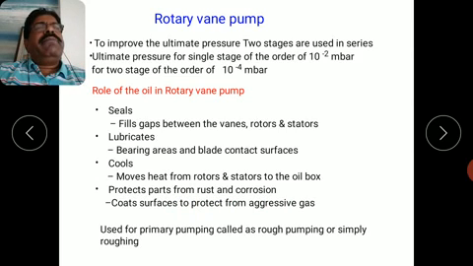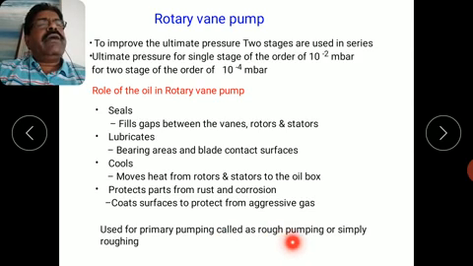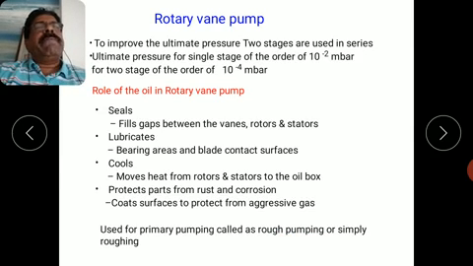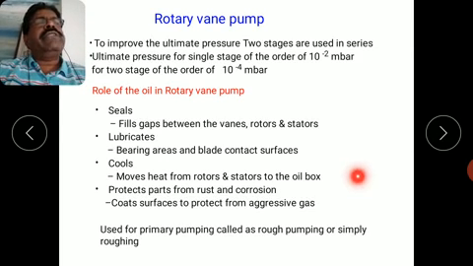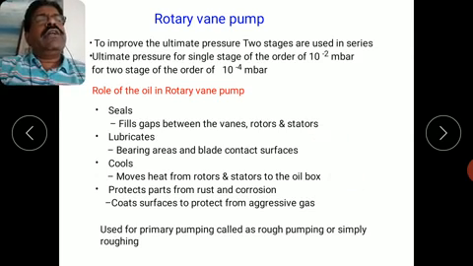This rotary vane pump is actually used for primary pumping applications, that means roughing, or sometimes it is also used for backing applications. Now the main advantage of this rotary vane pump is that it is low cost, but another drawback associated with it is that sometimes the oil may backstream into the chamber.